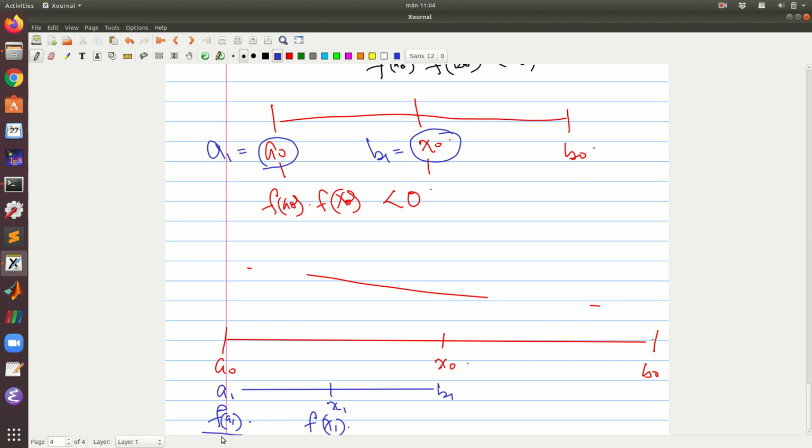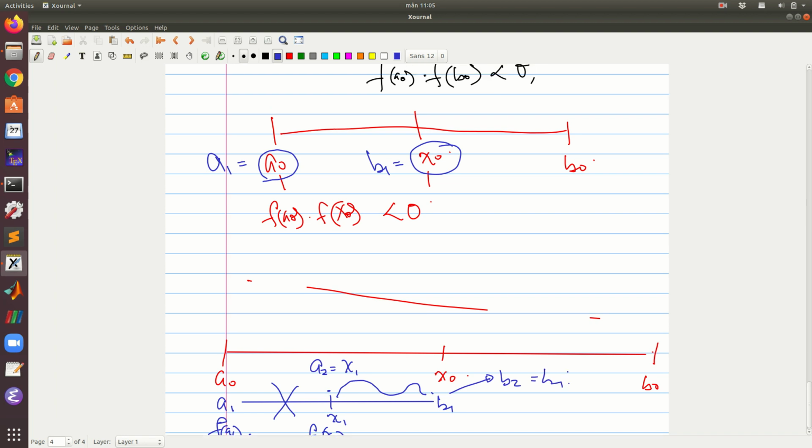This product here is positive. That means that the root does not lie in this interval, rather the root now lies in this interval. So we are going to set our a2 to be equal to x1, and then we are going to set our b2 to be equal to b1.